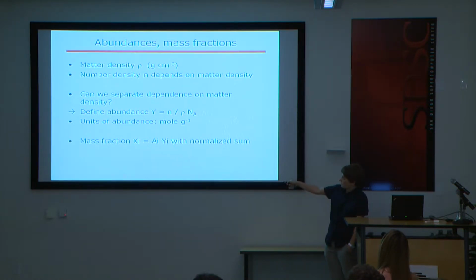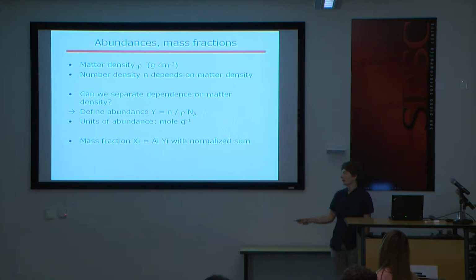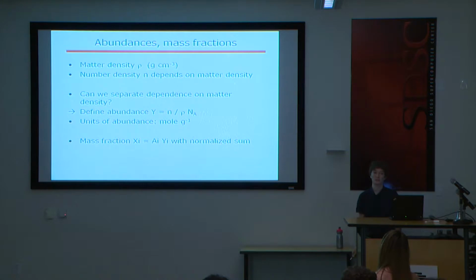Looking at this definition, if you add up all your abundances, this number will be less than 1. So with mass fractions, you can check that you're not losing any mass. If you have a code, in each time step you can check: do my mass fractions still sum up to 1? That way you can check that you have mass conservation or nucleon conservation in your code. So from now on, we'll use the abundance that does not include changes due to density changes.